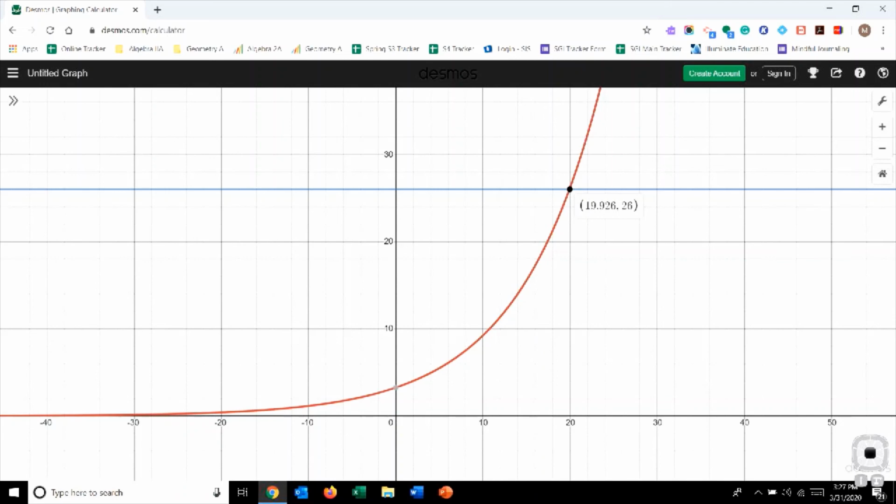$26. So let's write that. T is equal to 19.926, or roughly 20 years.